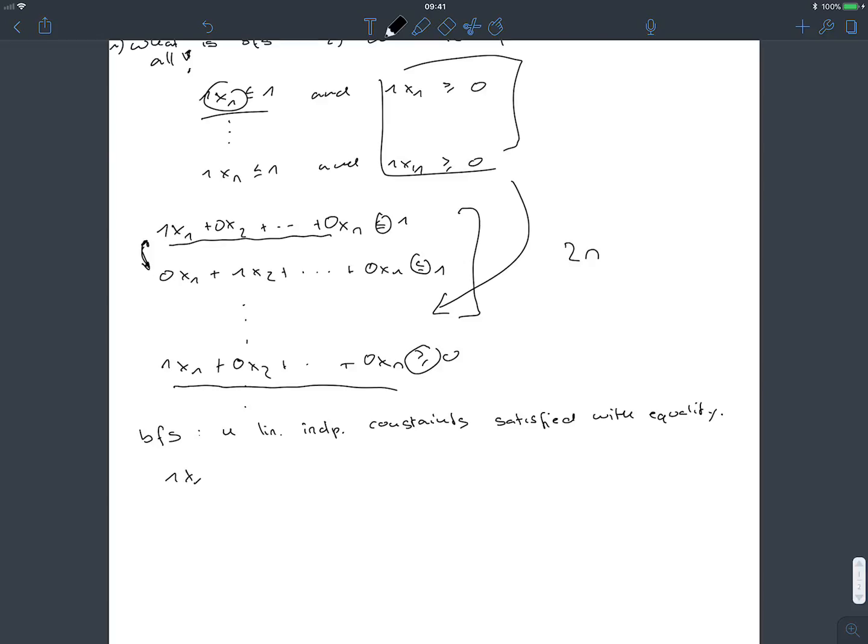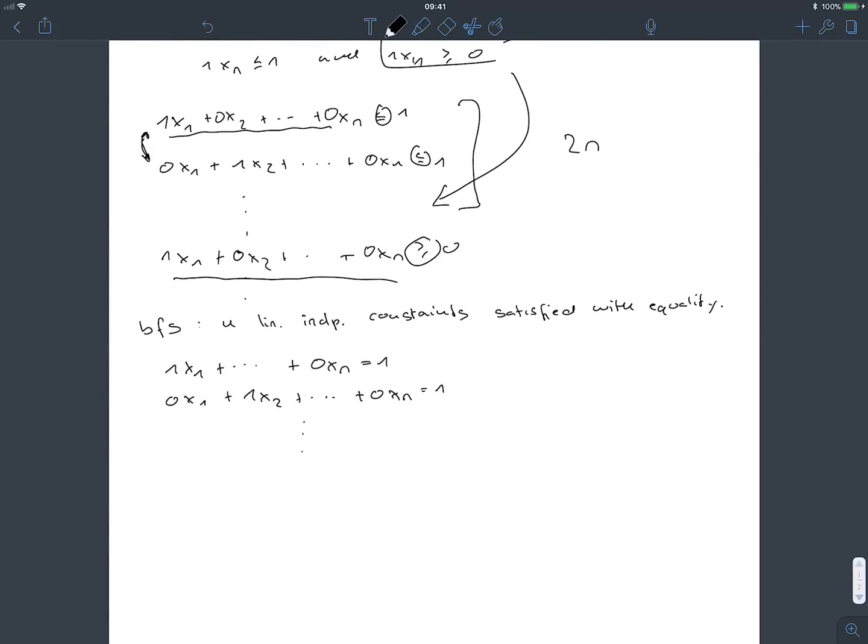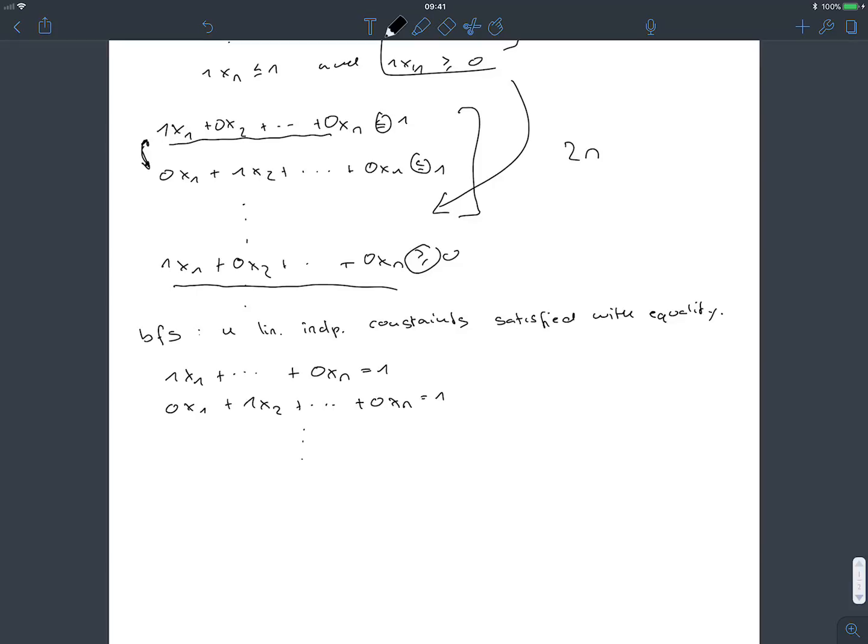So x1 equal to 1, x2 equal to 1. And now it's obvious that the other ones, the n below which are greater than 0, are obviously true, because when we input 1 here, 1x1 is greater than 0.